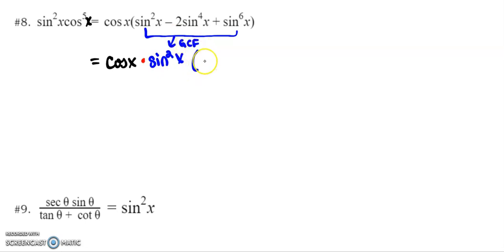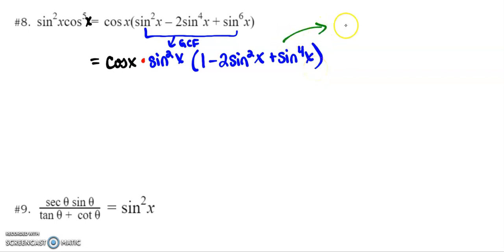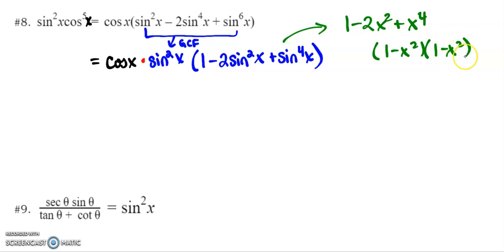And so that's going to leave me with 1 minus 2 sine squared of x plus sine to the 4th of x. Okay, so this is like having 1 minus 2x plus x to the 4th. Sorry, x squared. So that's going to break up into 1 minus x squared, 1 minus x squared. That looks like a perfect square situation.